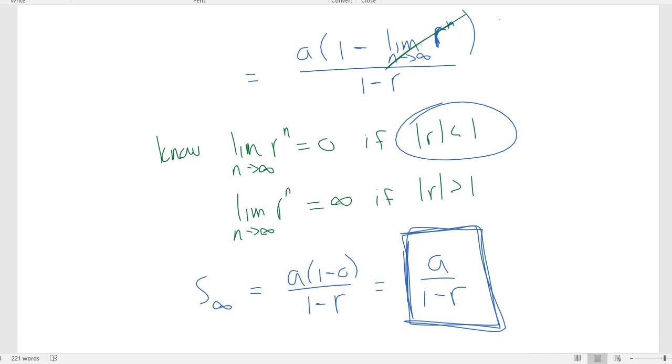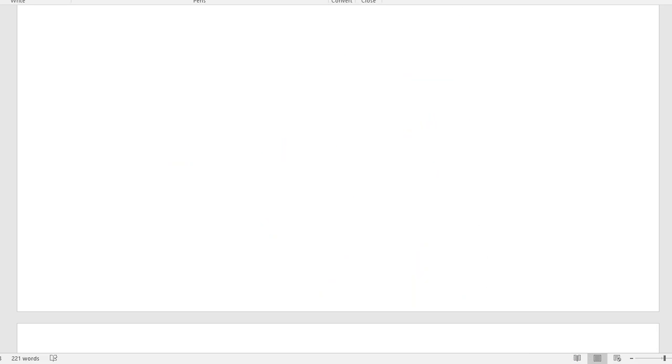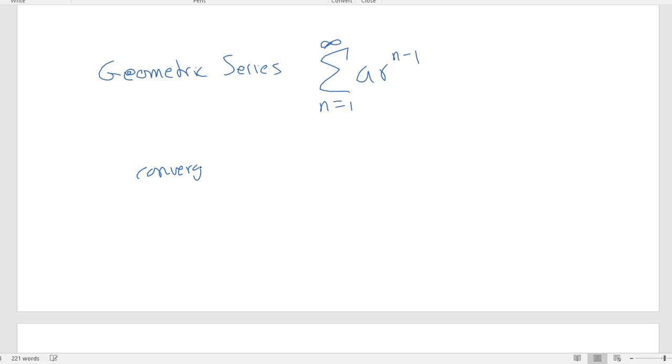That's really cool. Okay, so again, just to summarize what we said there, the geometric series, the sum of ar to the n minus 1, converges if the absolute value of the common ratio is less than 1, and has the sum of a over 1 minus r.